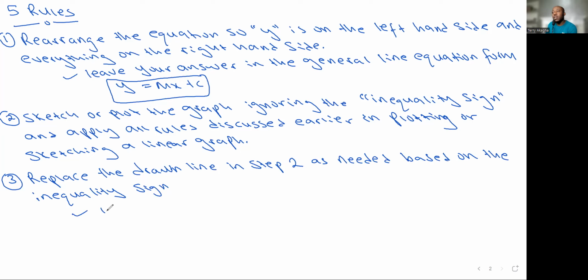So if you have greater than or equal to, or less than or equal to, you use a solid line. And if you have greater than or less than, you have to use a dashed or dotted line.